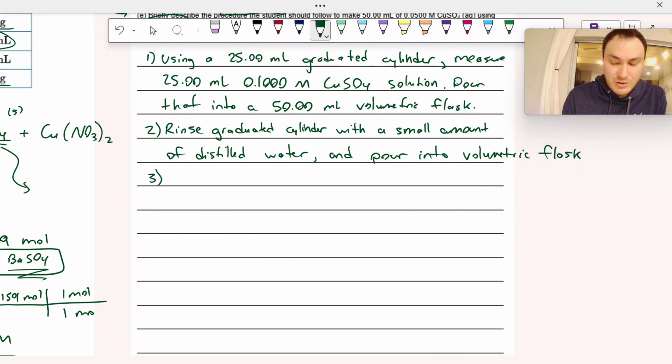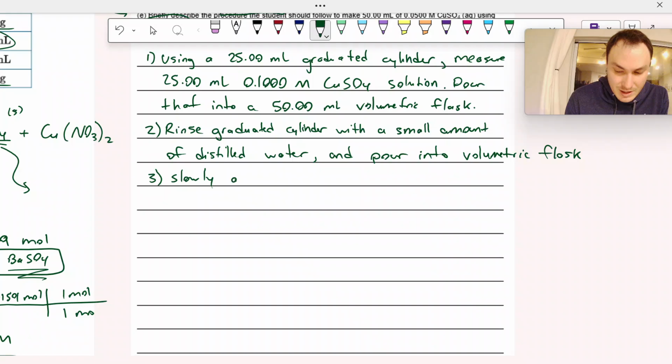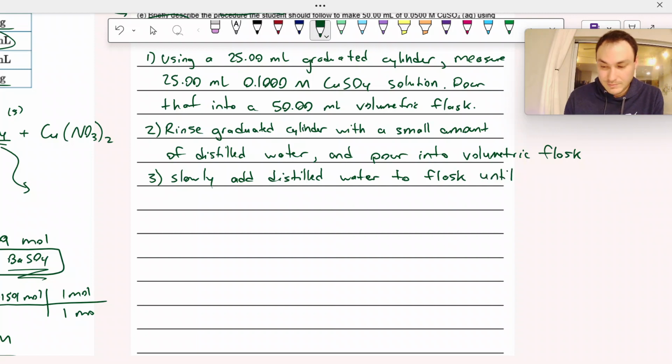Next thing I'm going to do is slowly add distilled water to the flask until we reach the 50.00 milliliter mark.